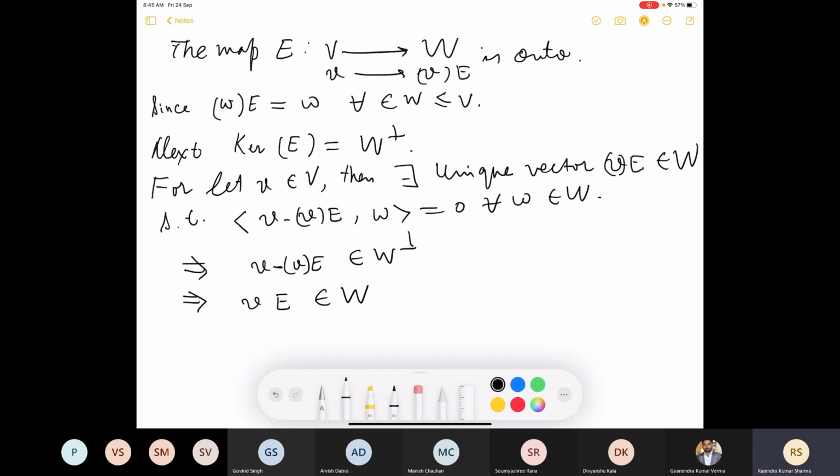V minus VE is in the orthogonal complement, and VE is in W. Because of this, V minus VE is in the orthogonal complement, and this is 0.